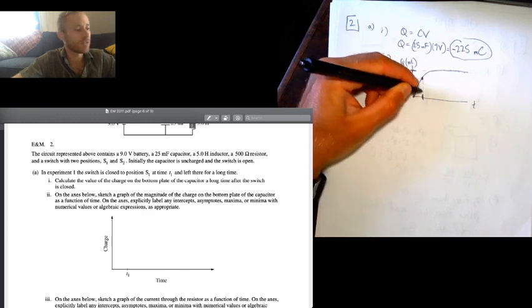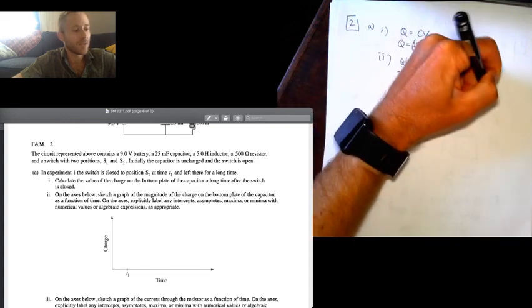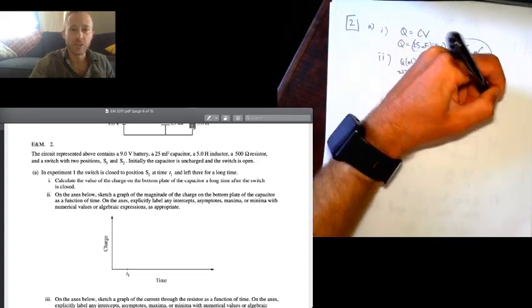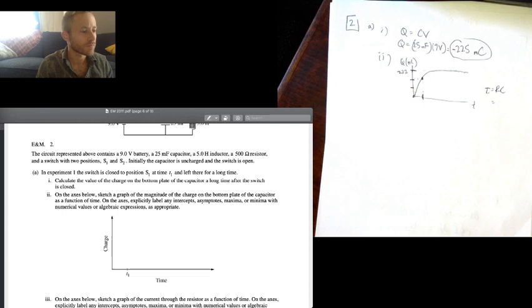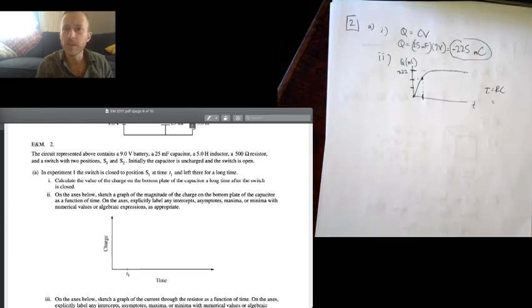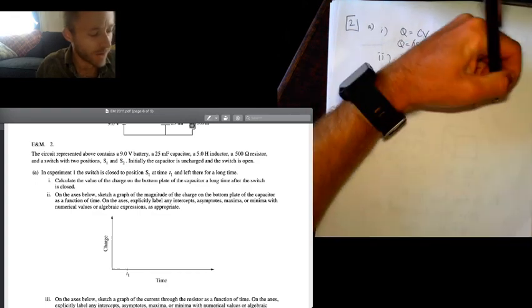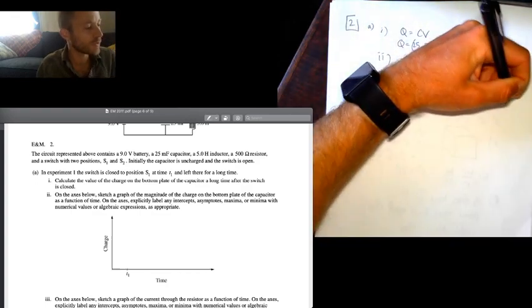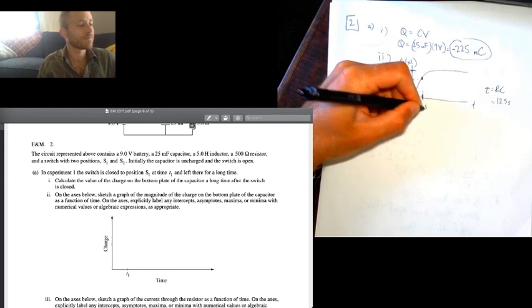The time constant is going to be RC. The capacitance is 25 millifarads, so 25 millifarads times 500 gives us 12.5 seconds. So this would be 12.5 seconds.